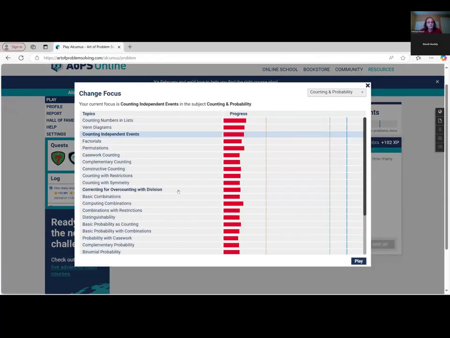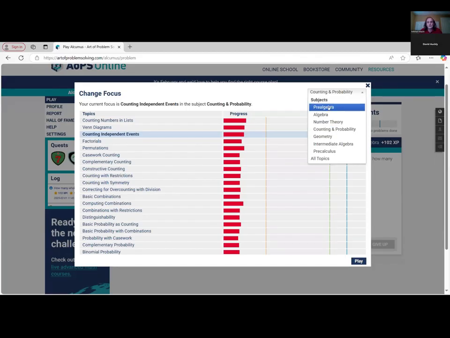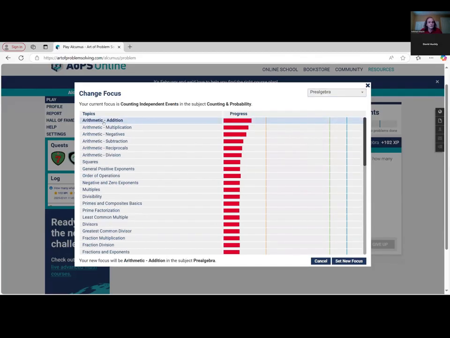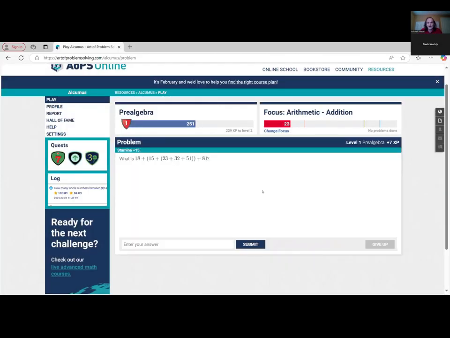So if you press change focus, you can see that there is a lot of different things. The subject area starts with pre-algebra, so you can go into arithmetic, just addition, and here you just need to compute some sum, right?